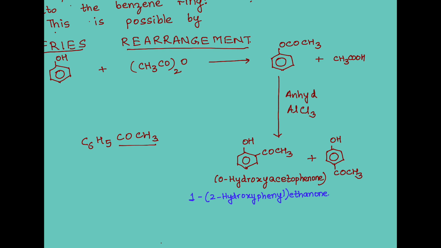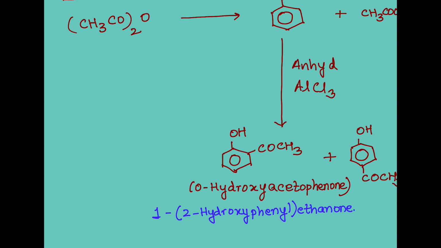If you name it properly according to the IUPAC system, that is when I said, remember that this is a ketonic group. So how am I going to number it? 1, 2. So now with respect to 1, I have the phenyl group over here, right?